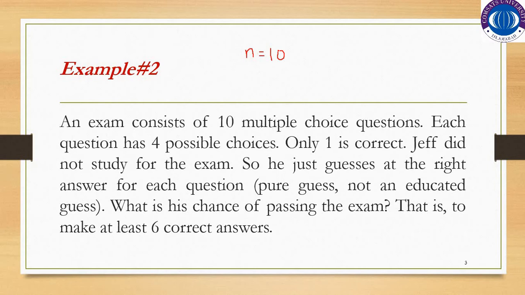The third assumption is that the probability of success is constant. Here the chance of success is basically marking the correct choice in the multiple choice question. So we have 4 possible outcomes, number of favorable outcomes divided by total number of outcomes, and the chance of a correct answer is only 1. So the probability of marking the correct answer is 1 by 4, which is 0.25.